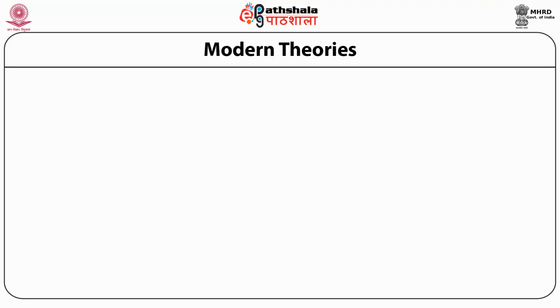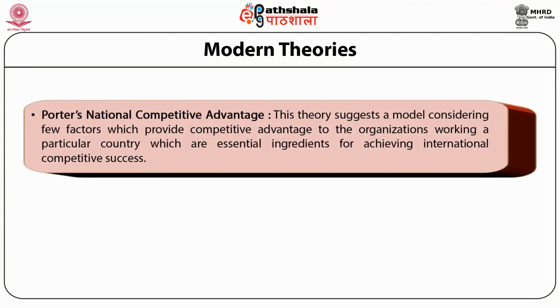Another theory, which is of very recent origin, is Porter's national competitive advantage. This theory suggests a model considering a few factors which provide competitive advantage to organizations working in a particular country, which are essential ingredients for achieving international competitive success.